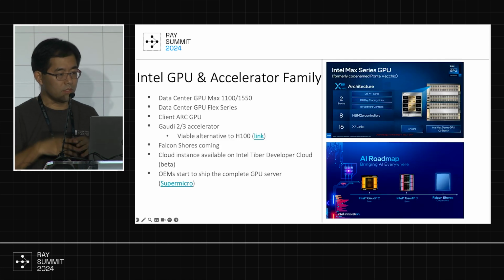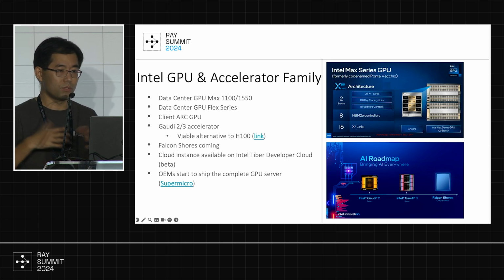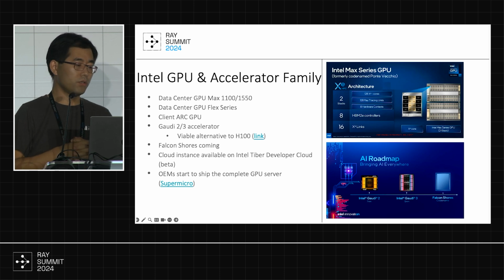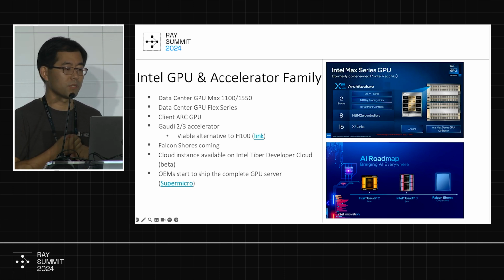Xeon is good at supporting smaller models, but we all know that to support bigger ones, it is best with GPUs and accelerators. Intel has a GPU IP called Xe IP, which supports multiple segments, including PC, edge, and data center.